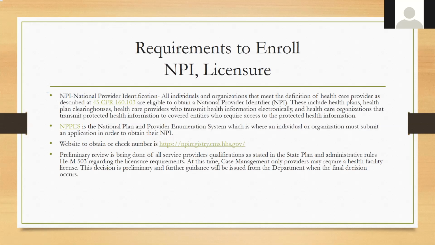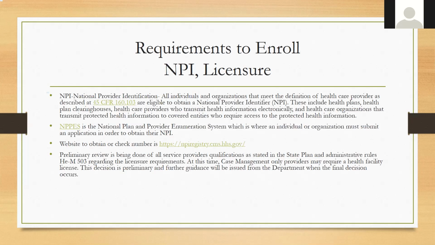These include health plans, health plan clearinghouses, healthcare providers who transmit health information electronically, and healthcare organizations that transmit protected health information to covered entities who require access to the protected health information. Basically, this is a part of HIPAA. And it is required that you have that NPI number and that you use it on your claim submissions.